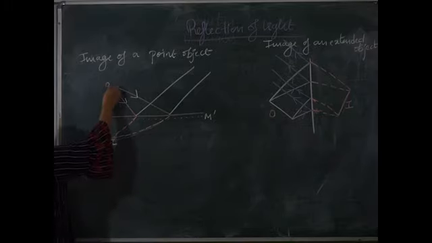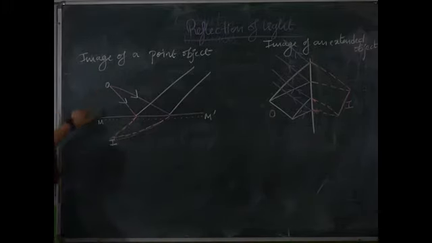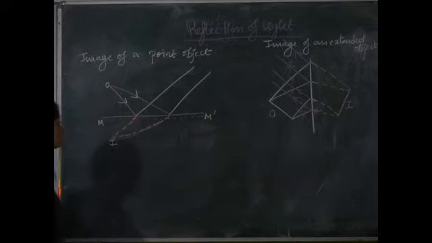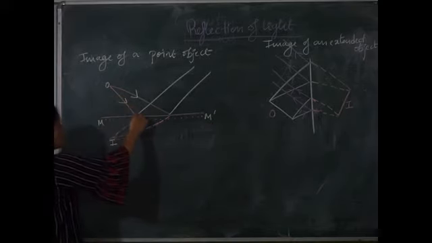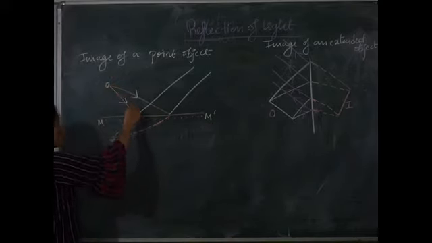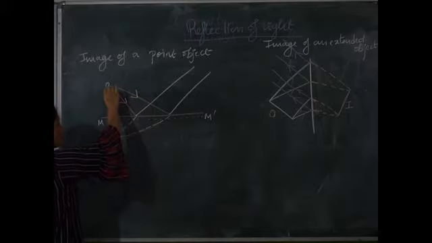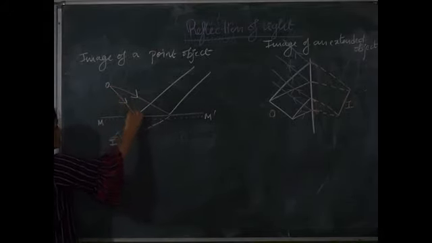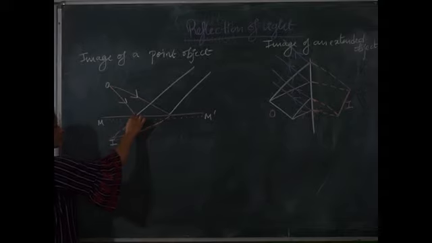So for a point object, O represents your object, I represents your image, M and M dash is your plane mirror. A ray of light comes from the source. The pink line coming over here is your incident ray.